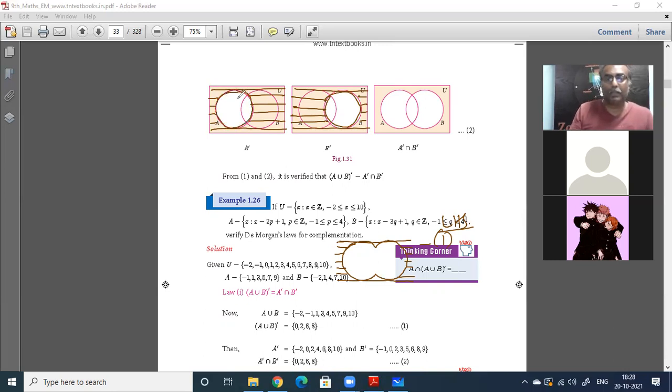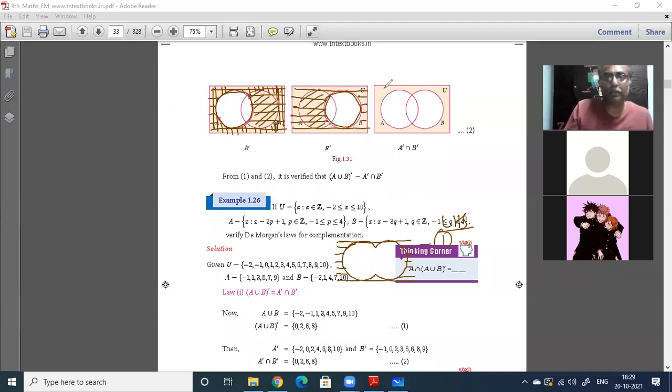Now what you have to do? Intersection of this and that. What is the intersection of this and that? Intersection of this and that is this part alone, because in one thing this one comes, in another thing this one comes, but they are coming only in one thing.